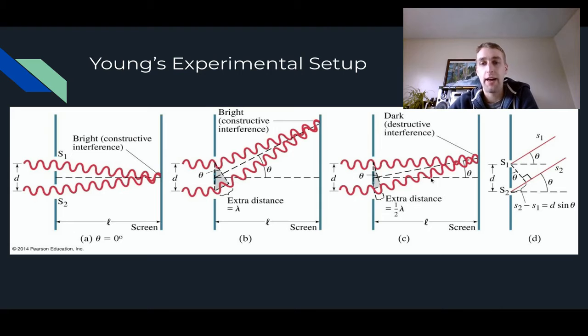Here's a view of that experiment from the top. And what you're seeing here is just a subset of the different waves or the different rays of light that are going through those slits. Remember, it's okay for us to zoom in and pick a couple of these rays at a time because the light that's propagating through here is a wave.